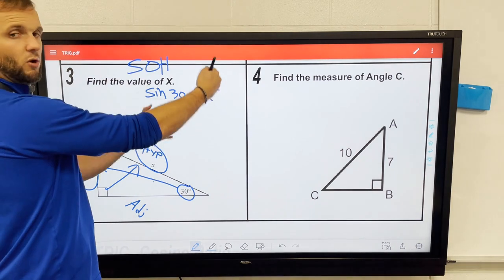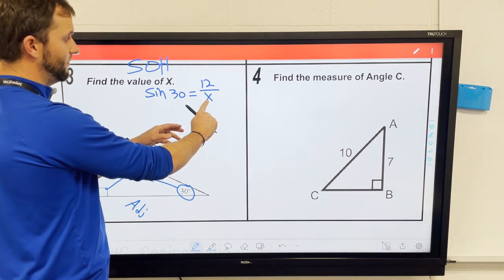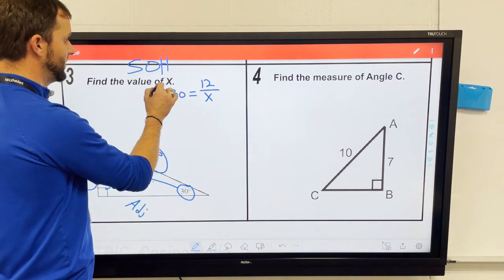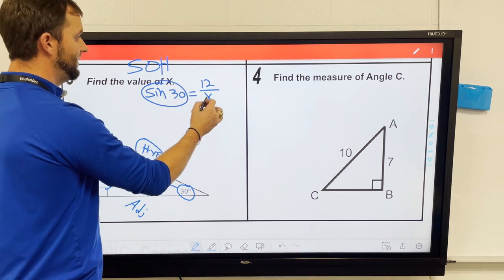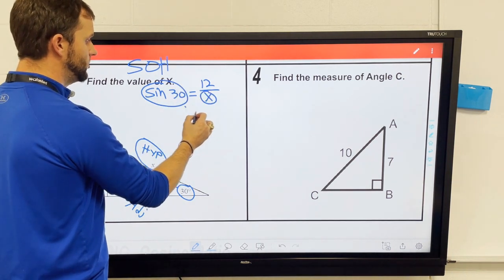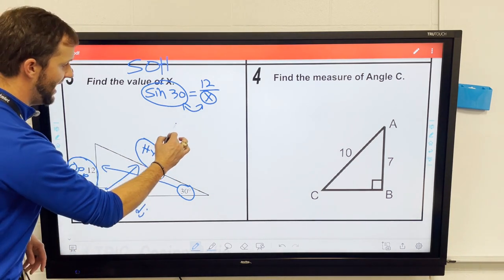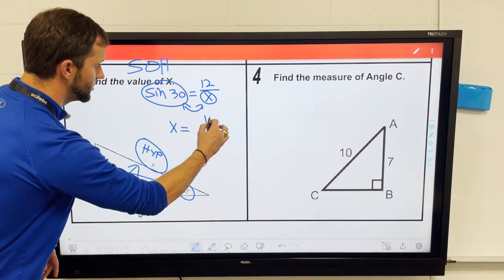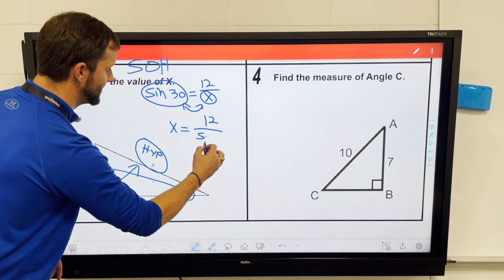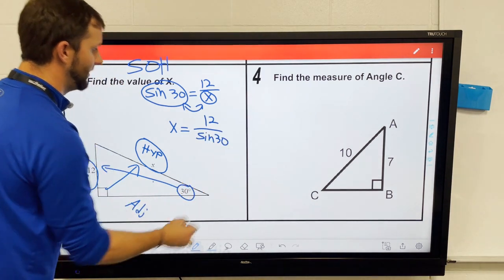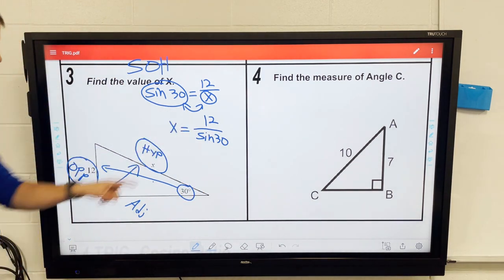Anytime you're using trig ratios and the x is on the bottom, take what's on this side and the x value and trade places with them. So this turns into x equals 12 divided by the sine of 30. In the calculator, you just type that fraction.